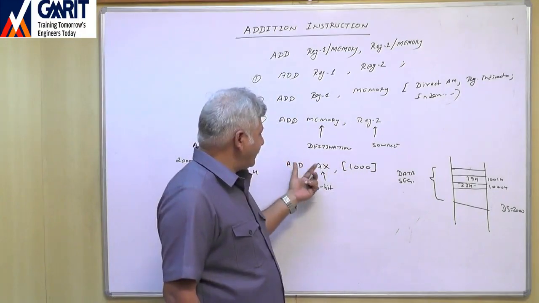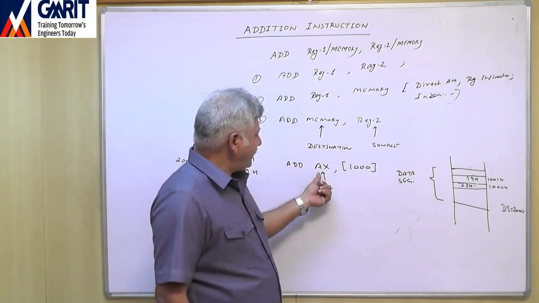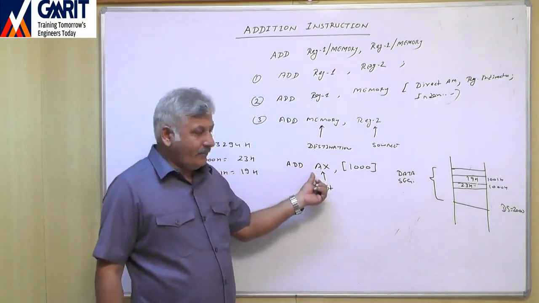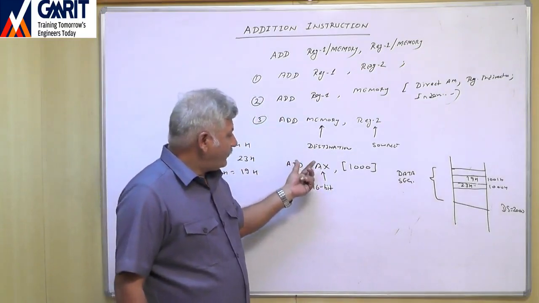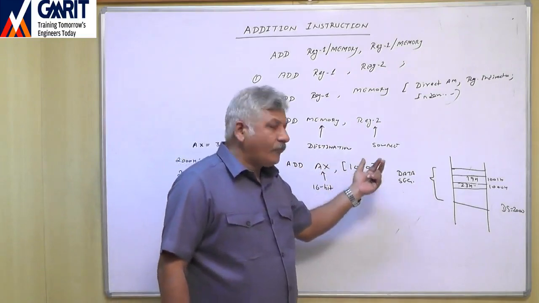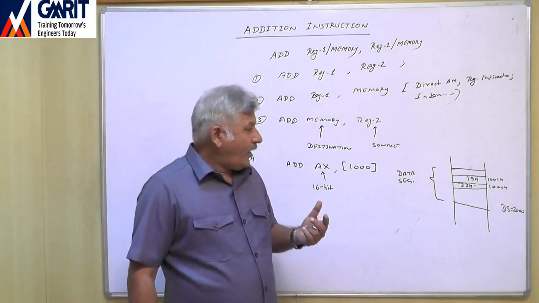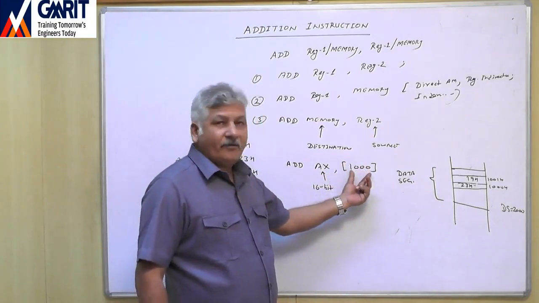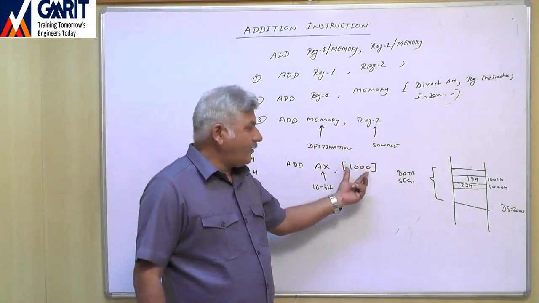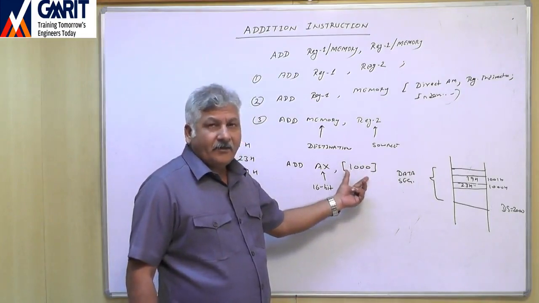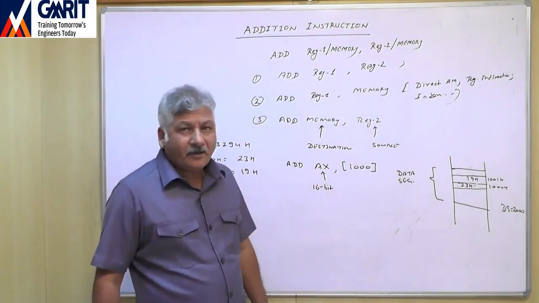So when we access this number in the instruction ADD AX, 1000H, since the destination register is a 16-bit register, the 16-bit value from the memory will be accessed for the addition. Whatever offset address is given with the instruction, at that address the lower 8 bits of the data are there.